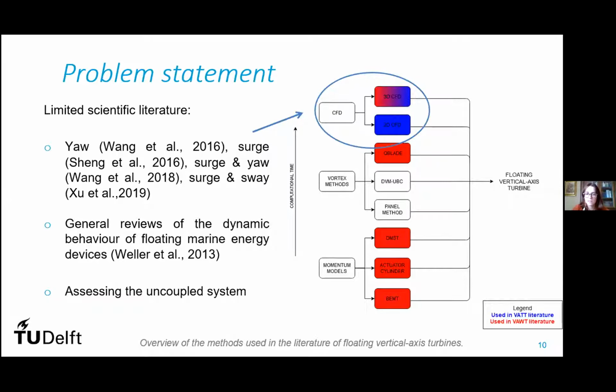And in fact, for example, momentum models and vortex methods have been used in the literature in order to allow the coupling of the whole system. And instead, for vertical axis tidal turbines, the majority of papers deal with the uncoupled system, either from the perspective of the floater or from the perspective of the rotor.